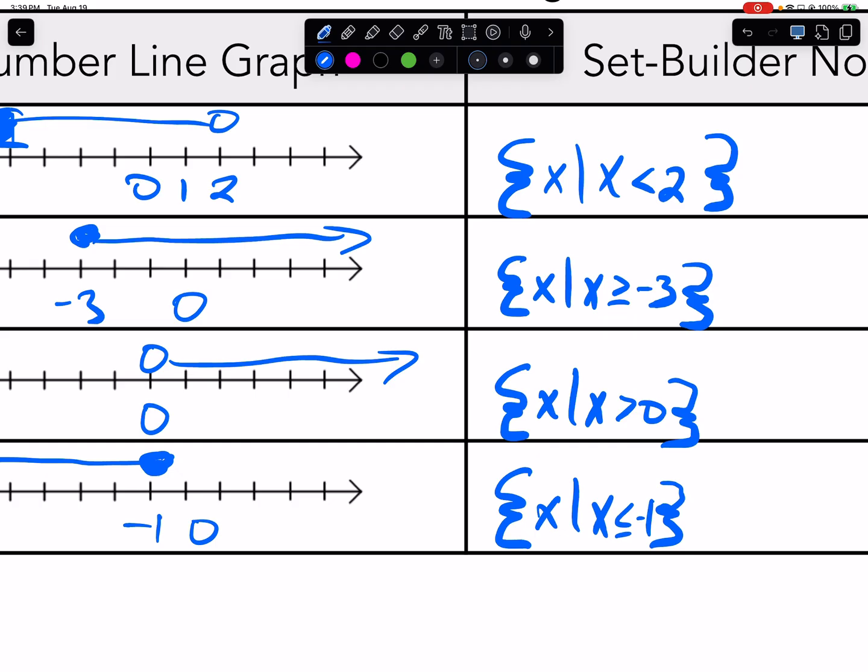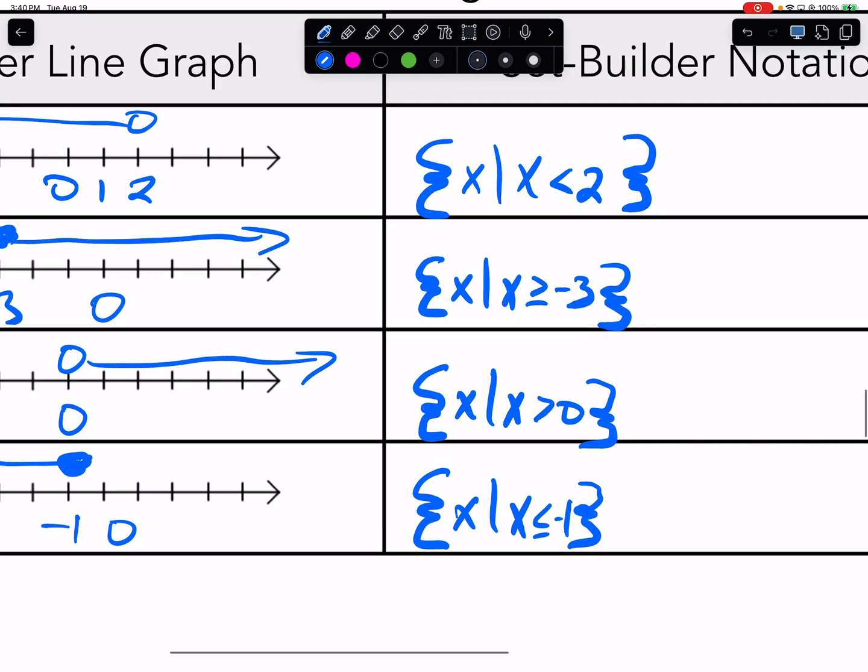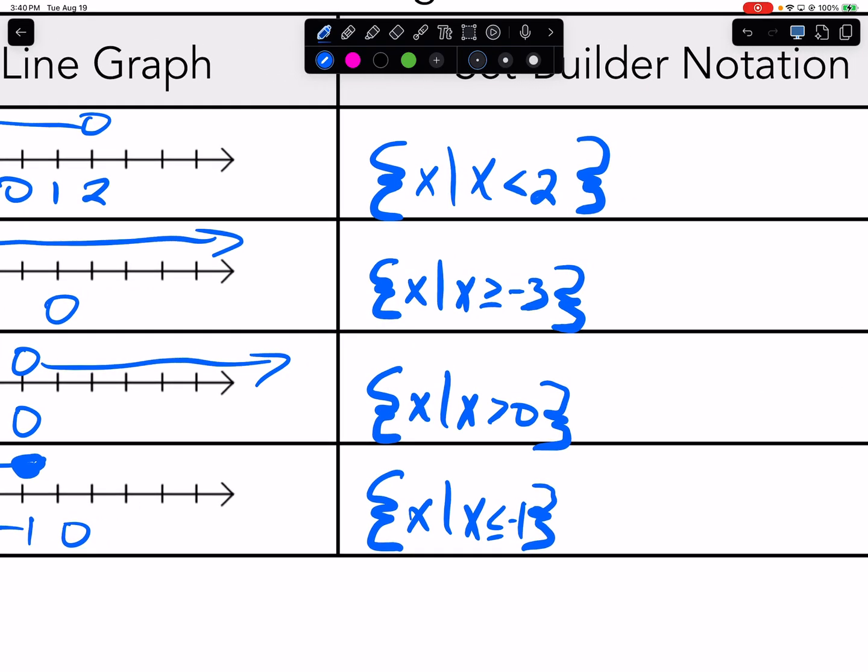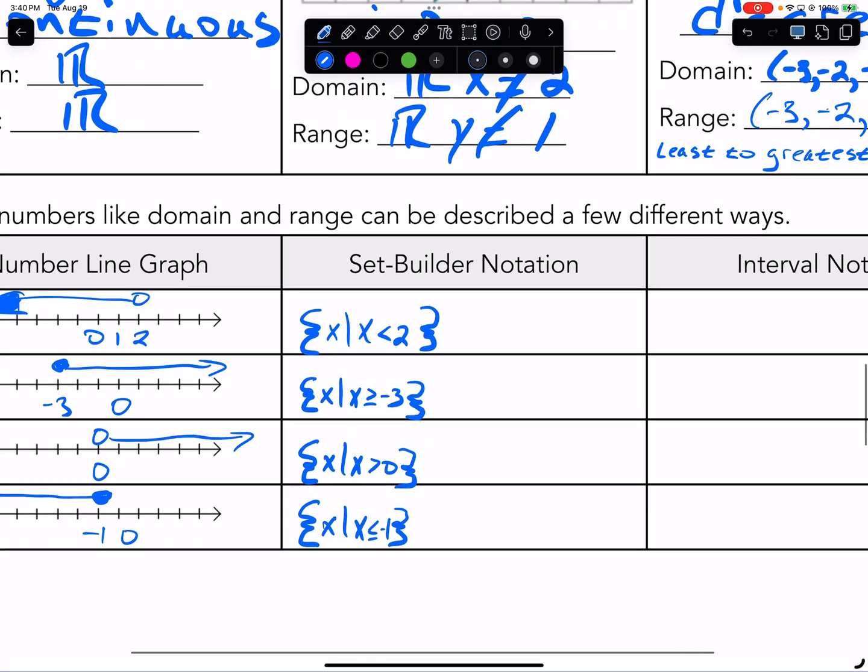Okay? Interval notation is different. I find it easier. If I'm giving you a choice on a test, I'll make you show me both, but usually I'll do interval notation because I find it easier. It's less annoying. I hate drawing these little symbols because my brain goes crazy. Okay?